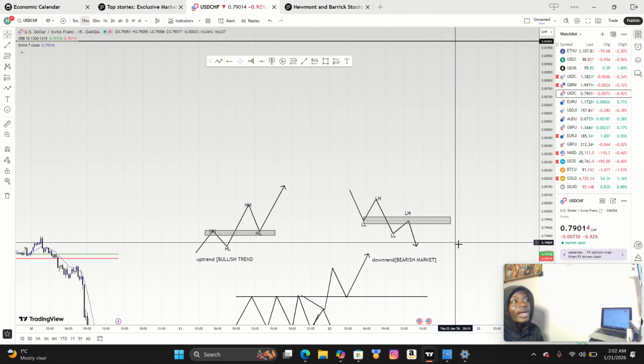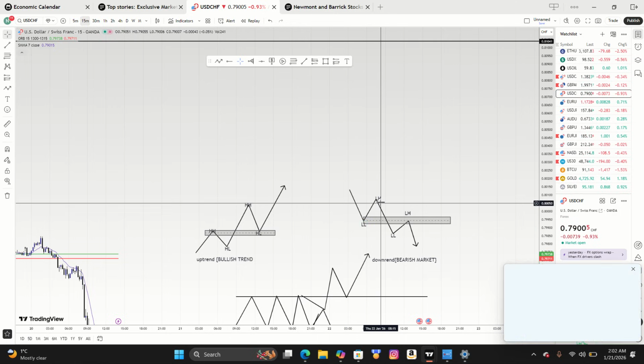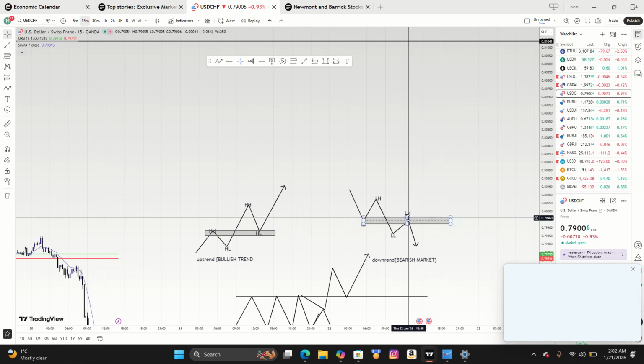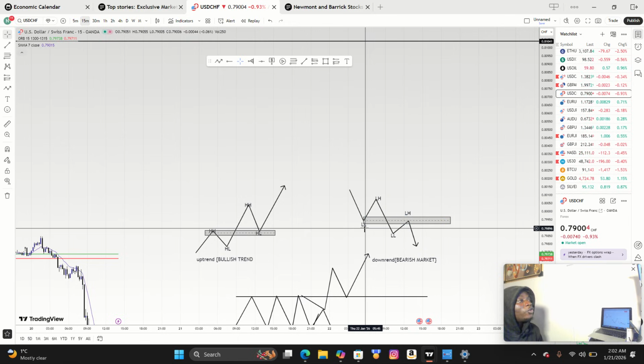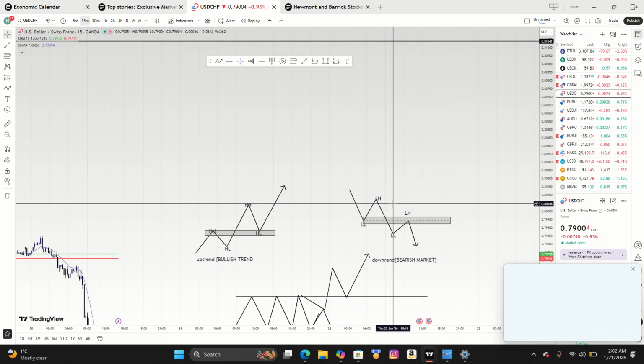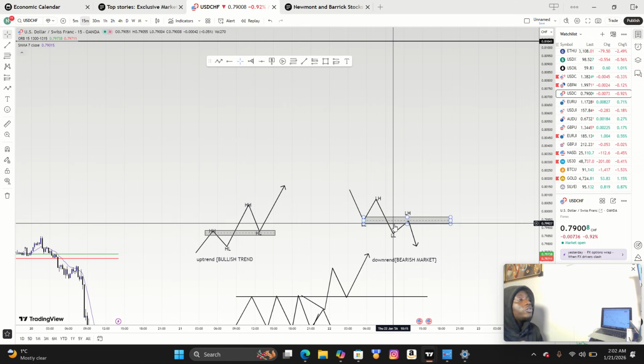For a sideways trend or a ranging market, it is not advisable for a newbie to try to trade it. You always need to wait for a breakout, because the market will always give you an equal low or equal high.